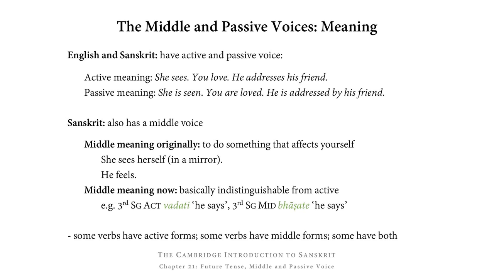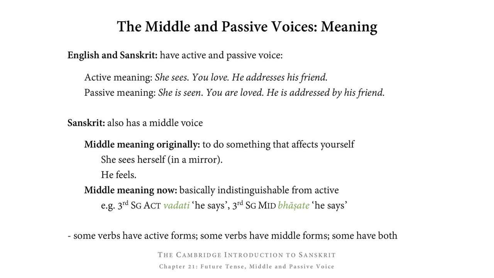To look at an example of this rather abstract account, there is a verb vadati, which we've already encountered, meaning he says, and vadati is a verb that has normal active forms. But then you will also encounter a verb bhashate, also meaning he says, basically no difference in meaning from vadati, but this verb bhashate has middle forms.